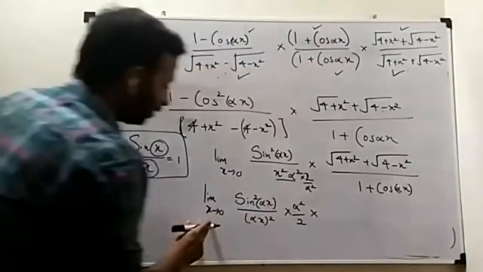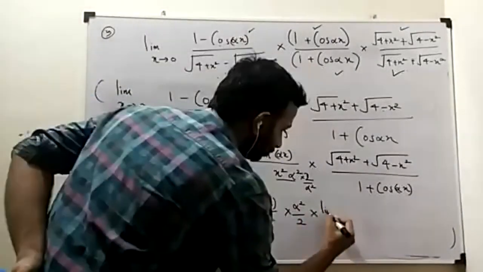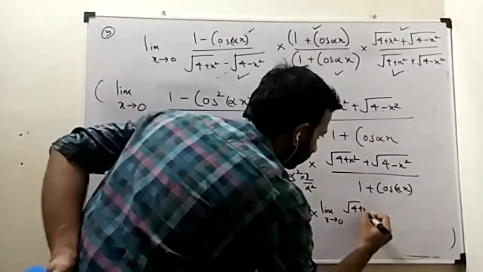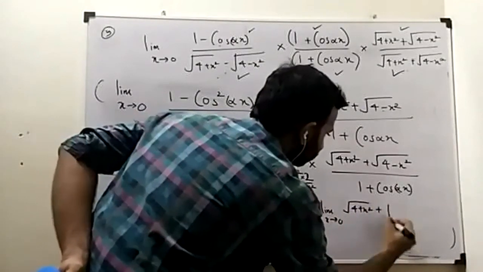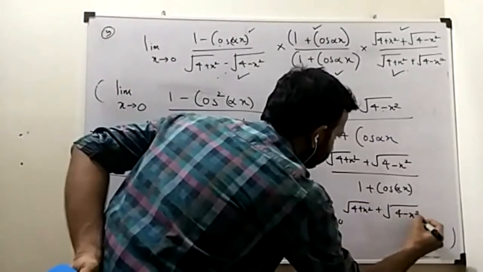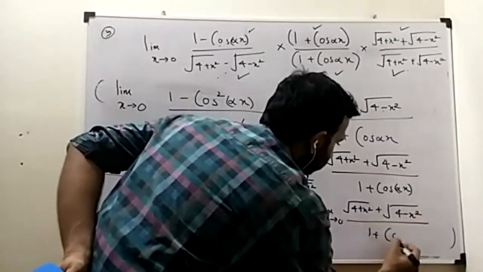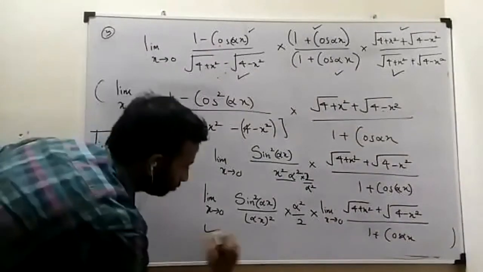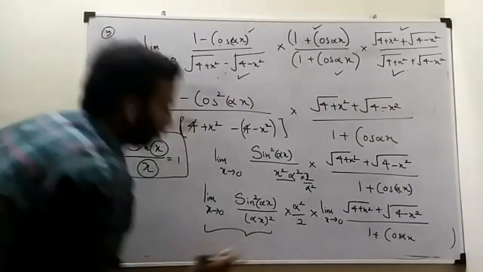I'll write the limit outside as well. So limit x tends to 0, root 2 plus x squared plus root 4 minus x squared. Right. So what is this? It's the same thing as this, right?